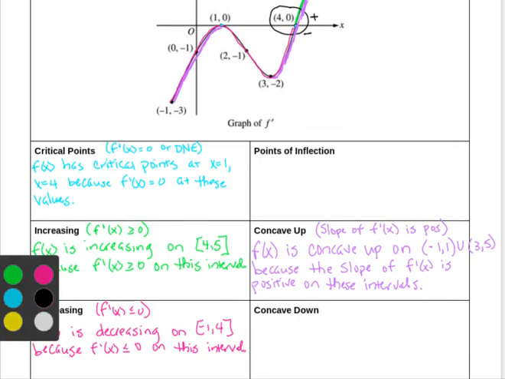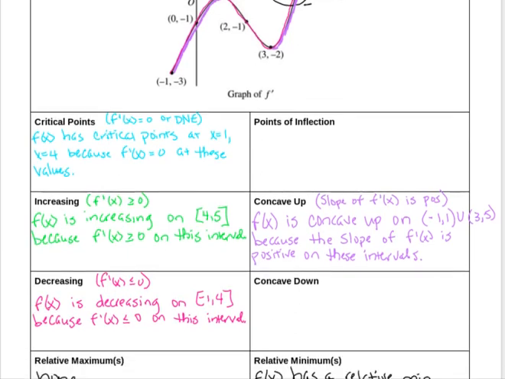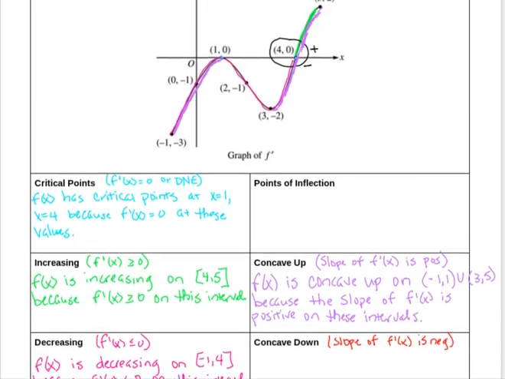Then let's see, what color haven't I used? We'll do red. The function is concave down anywhere that the slope of f prime of x is negative. When we take a look here, we notice that that is this interval.